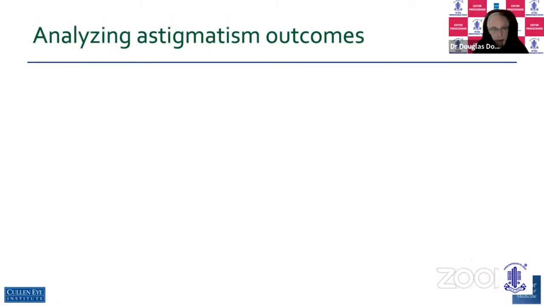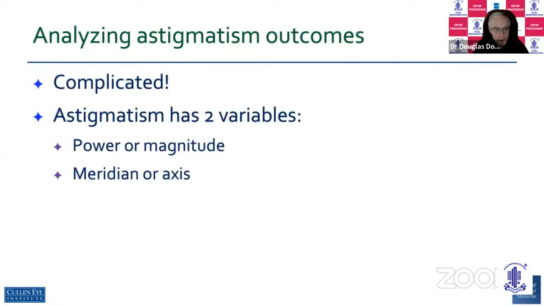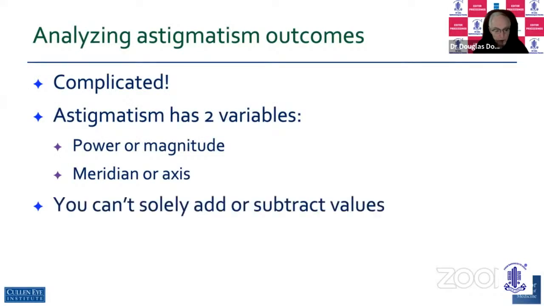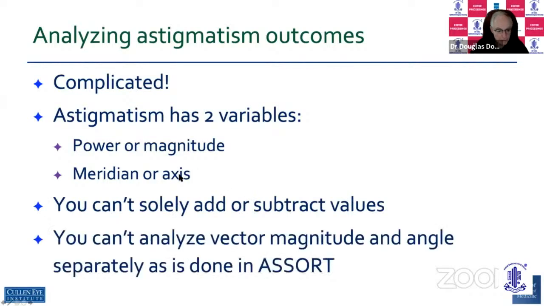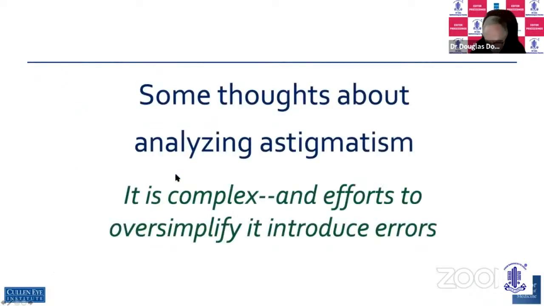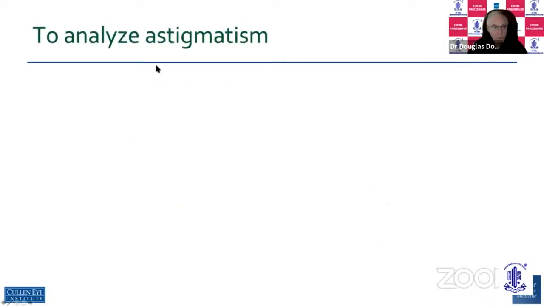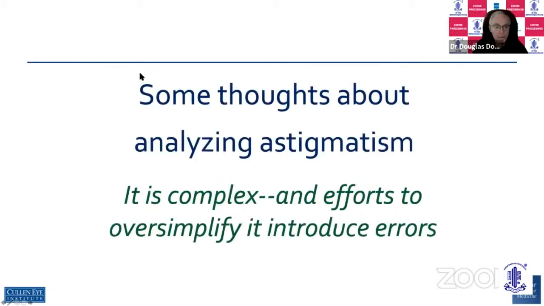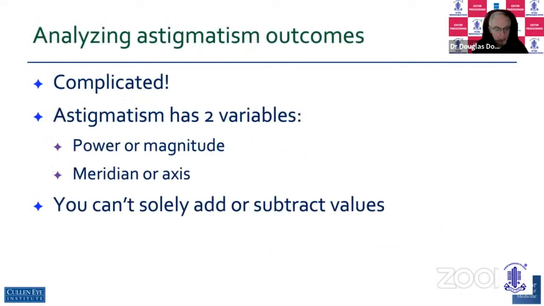So I want to close by talking a little bit about how we analyze astigmatism outcomes. Astigmatism is complicated. Astigmatism has two variables, power or magnitude. And you can't solely add or subtract values when you're analyzing astigmatism.